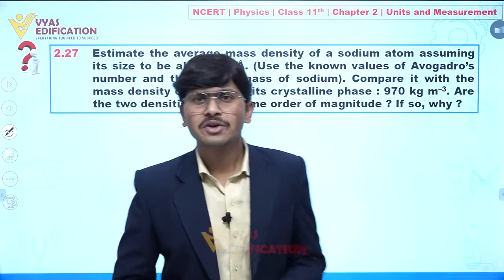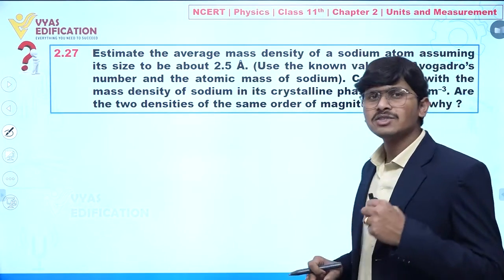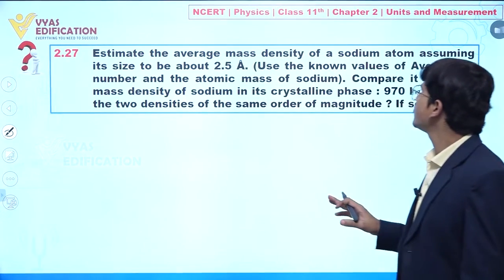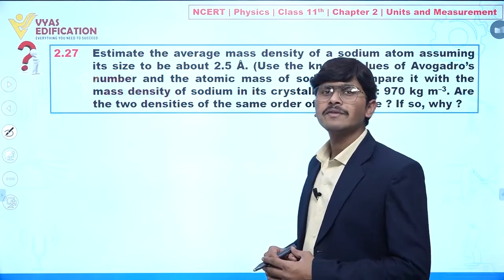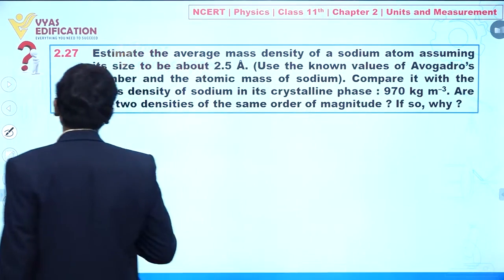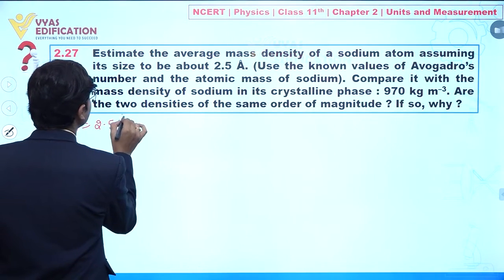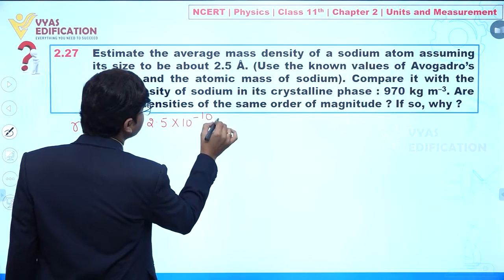Now students, we are going to discuss question number 2.27, and in this question it is given to you: estimate the average mass density of a sodium atom assuming its size to be about 2.5 angstrom. So the radius of the sodium atom is 2.5 angstrom, or we can say this is equal to 2.5 into 10 to the power minus 10 meter.